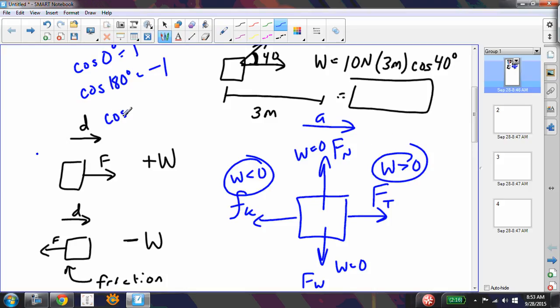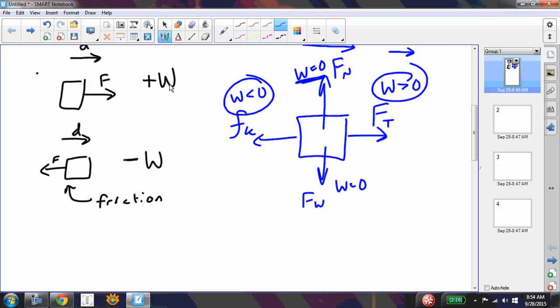And then cosine of 90, as we see here, where my displacement is in the positive x direction and my force vectors are in the y directions, cosine of 90 or cosine of 270 are both equal to 0. So those do 0 work. So it comes out mathematically that way, but really just think: the force is in one direction, what's the direction of my displacement? If there's no displacement in that direction, then my work done is 0.